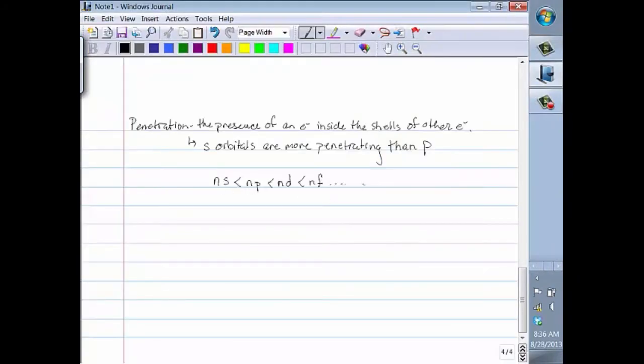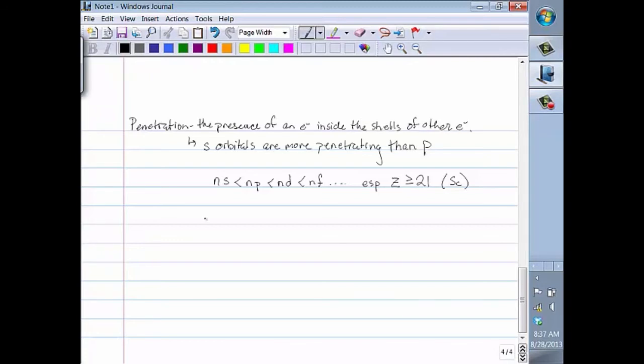Now, I want you to write in your notes that this is especially true when Z is greater than or equal to 21. What element is that? Where is that on your periodic table? So when you are at 21 or greater, this is the trend that you see. But it's not always the trend.